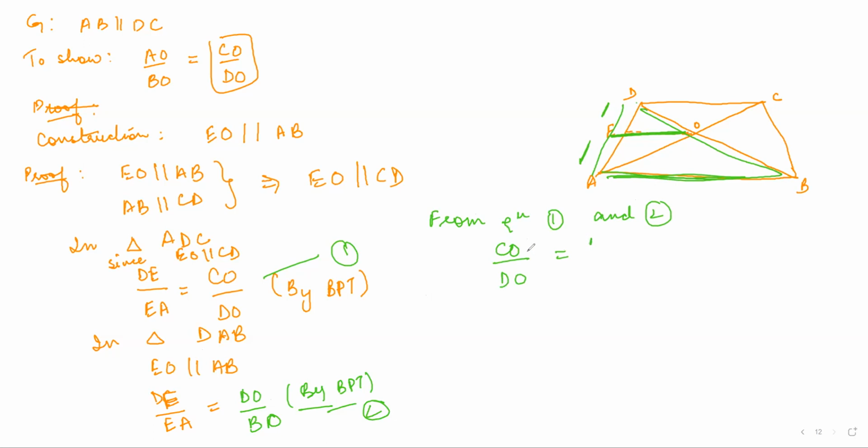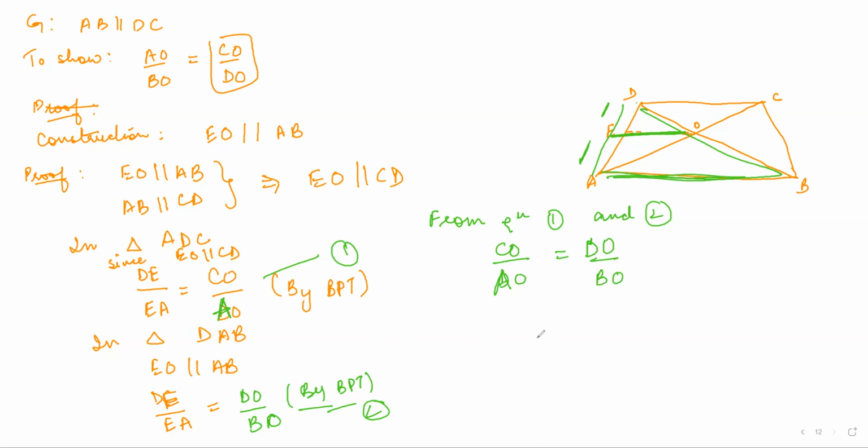This was AO, Sarah. If you look carefully, the top triangle, DE upon EA should be equal to CO upon AO. Yes? Yes, ma'am. So CO upon AO is equal to DO upon BO.